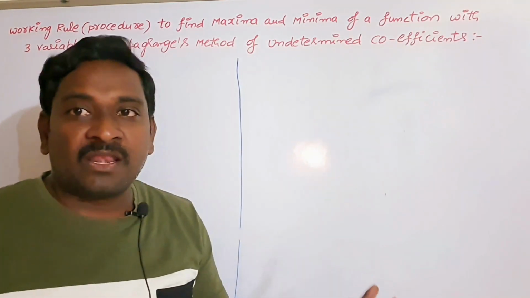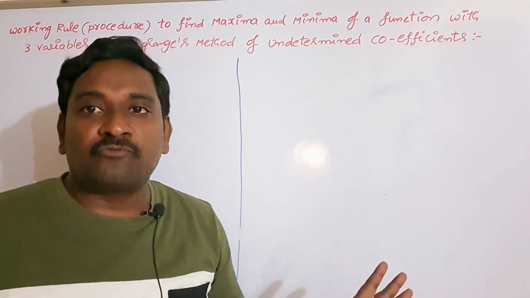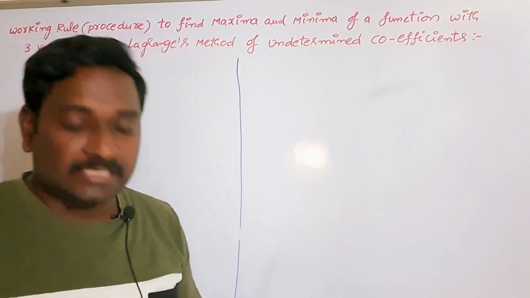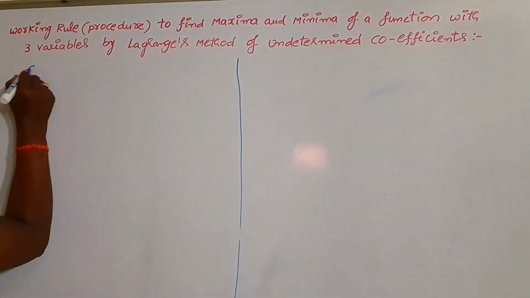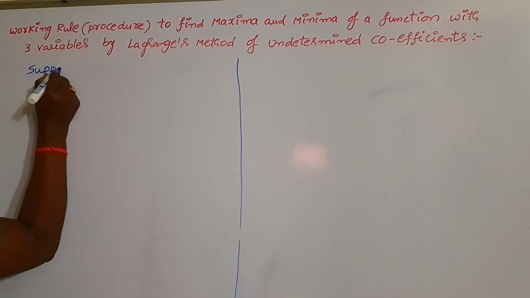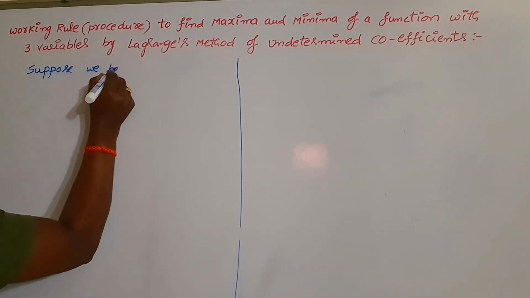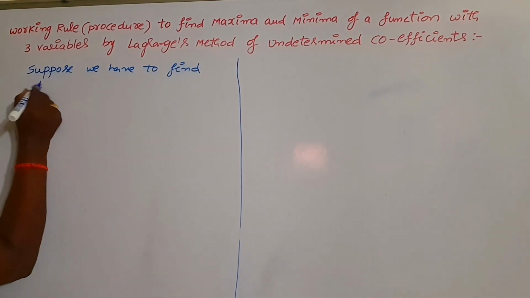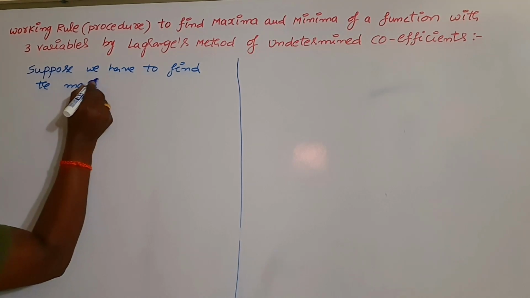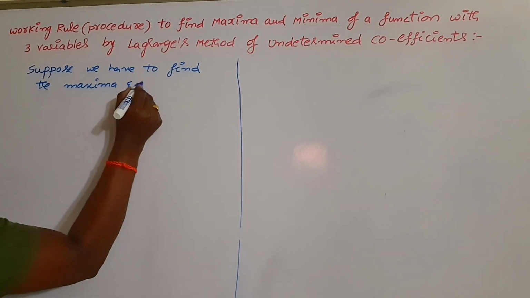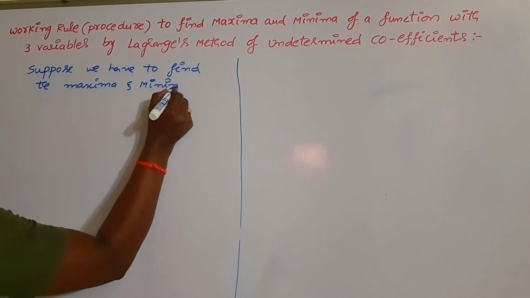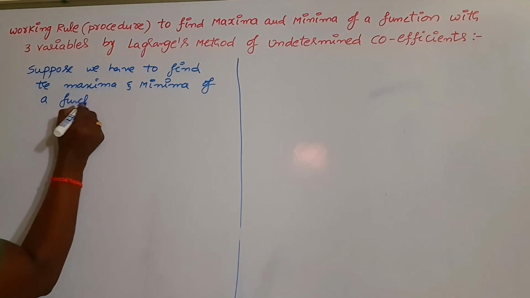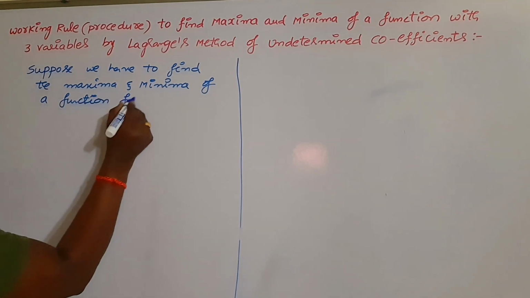Okay. So first of all, I will explain the procedure how to find the maxima and minima of a function with three variables by using this method. Suppose we have to find the maxima and minima of a function f of x, y, z.